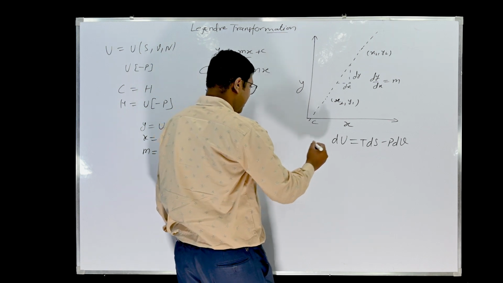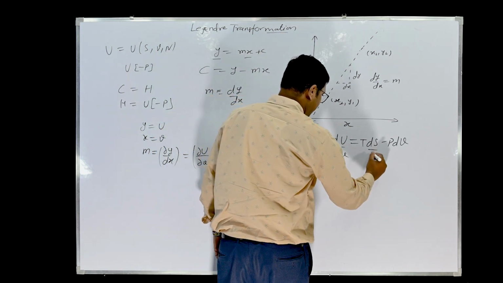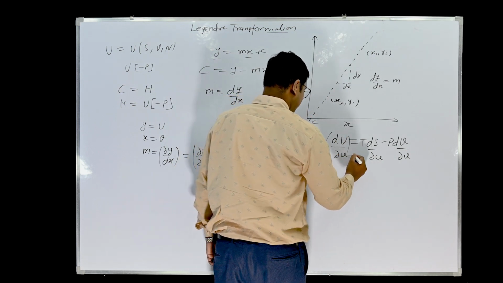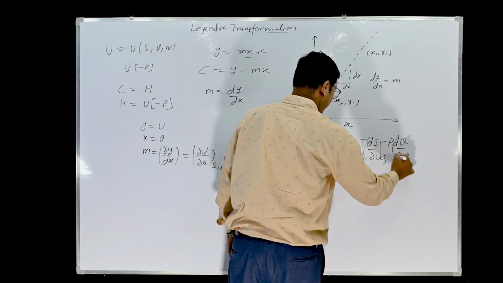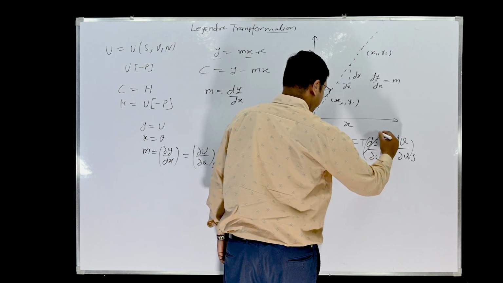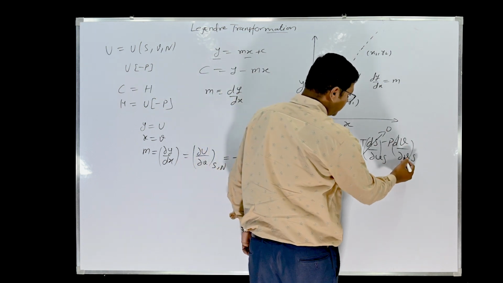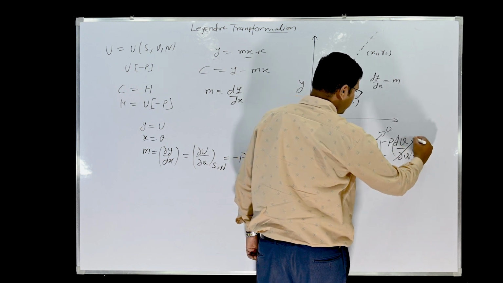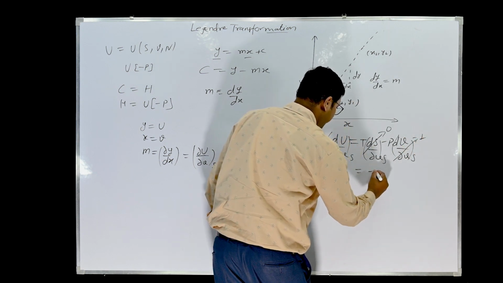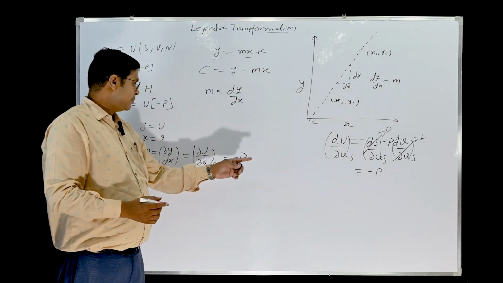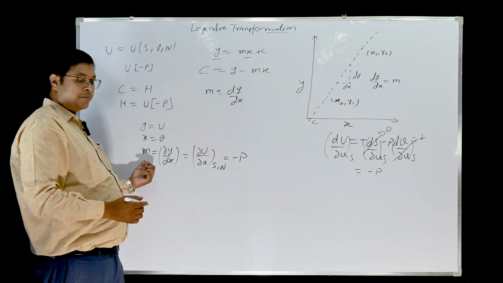So here I will divide by dV on both sides, keeping entropy constant. The dS term goes to 0 because entropy is constant, and dou V by dou V goes to 1. So what remains is minus P, and we can replace m with minus P.